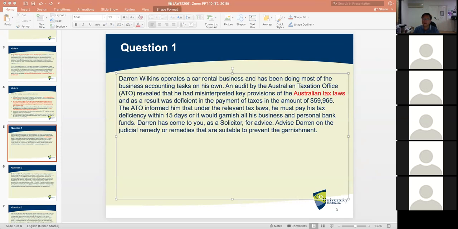Okay, can Clinton tell me what Section 16 is? Yes, Clinton? So Section 16, Clinton?